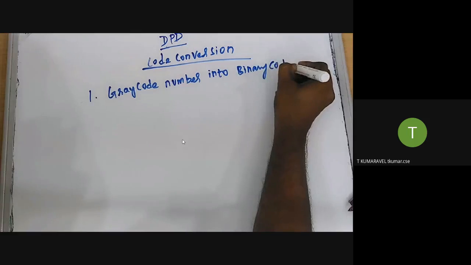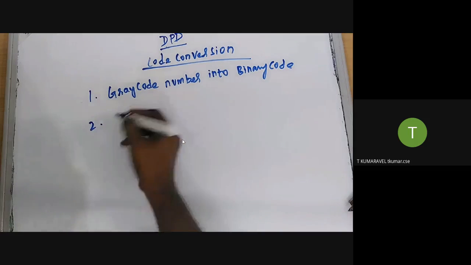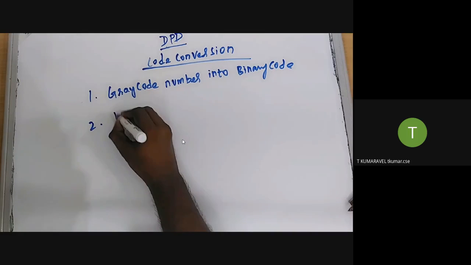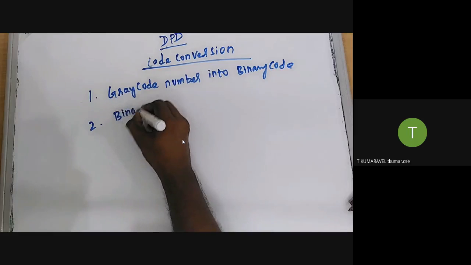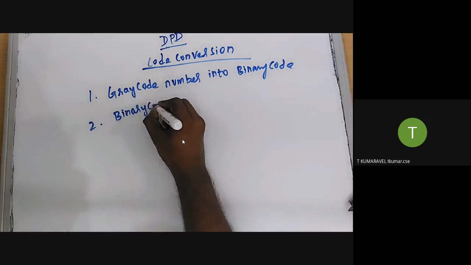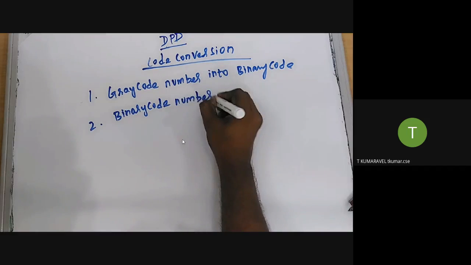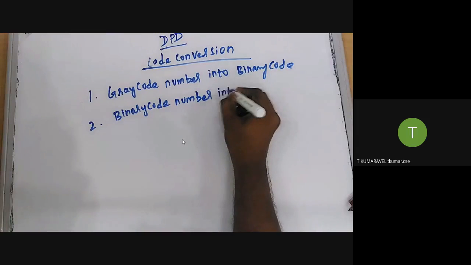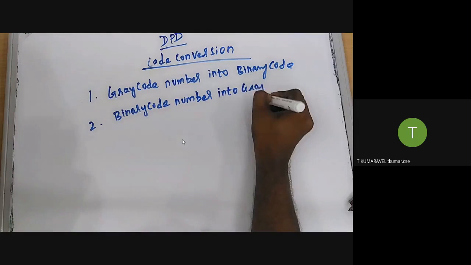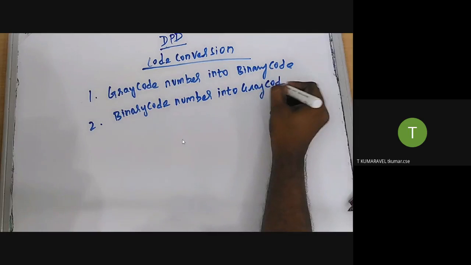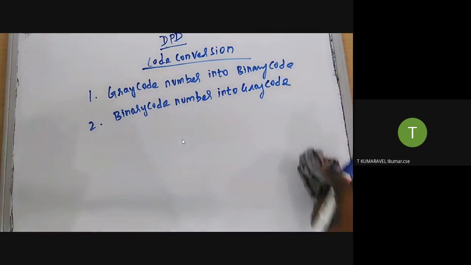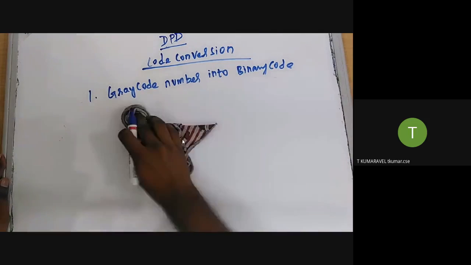The second thing is the reverse, vice versa: I take a binary coded number as input, and how do you convert it back to gray code? Let us discuss one by one.